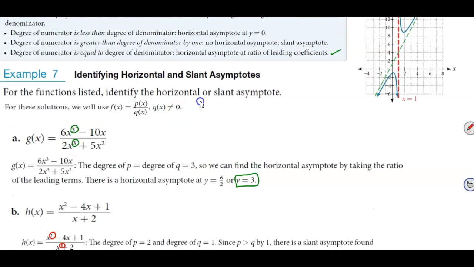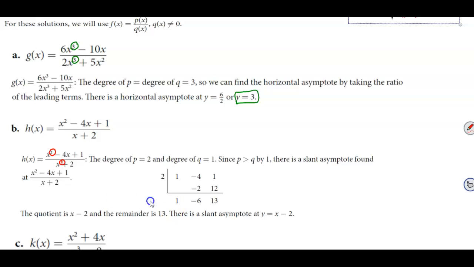If that is the case, then there's no horizontal asymptote, but there is a slant asymptote. So we have to divide and find the quotient. We're going to take x plus 2 and divide that into x squared minus 4x plus 1.